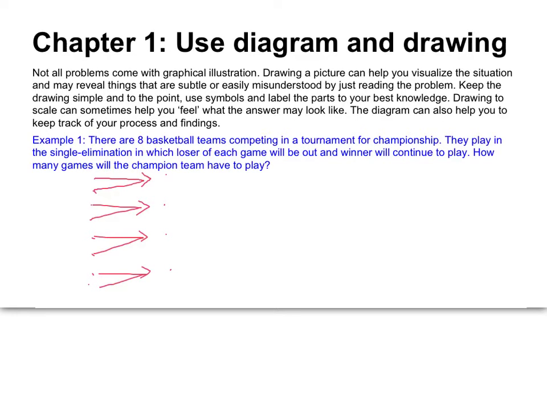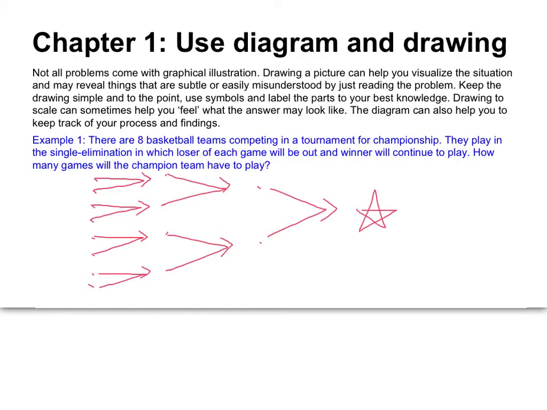Now these 4 teams will continue to play against one another. After second round, there will be only 2 teams left. And these 2 teams will continue to play to decide who the champion is.